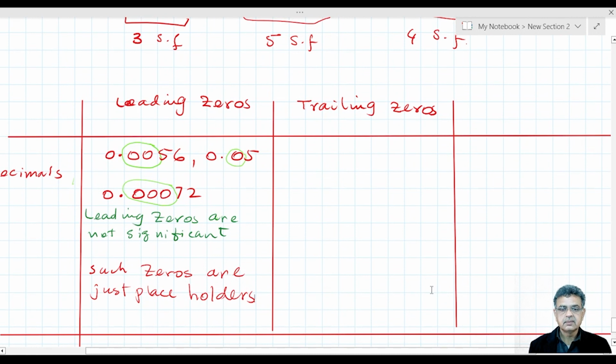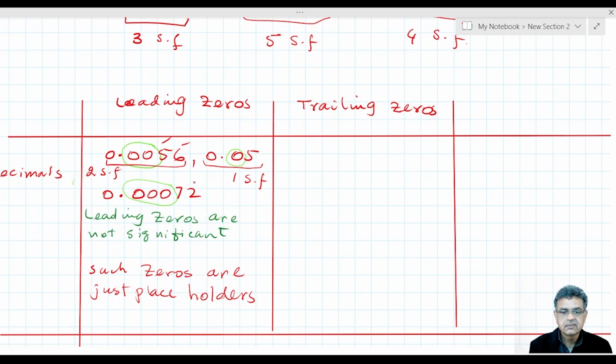So what is the number of significant figures in this one? This is two significant figures, this and this. This is one significant figure, because there is only one non-zero digit, and this is a placeholder, so that does not contribute to significant figures.